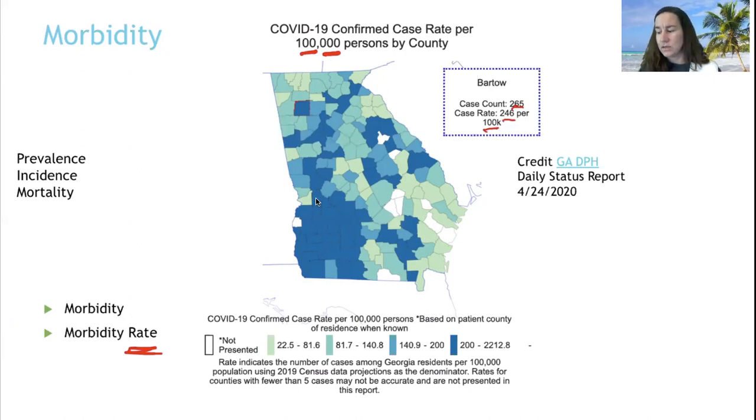But if you want the interactive version, it's the daily report on the website that is updated twice a day, every noon and, I think, 7 o'clock. So Bartow was 246 per 100,000.